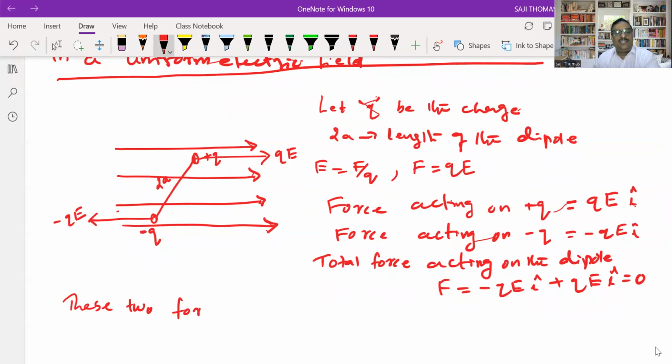These two forces are equal and opposite, but their lines of action are different.